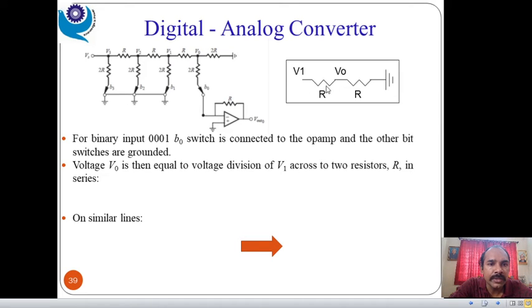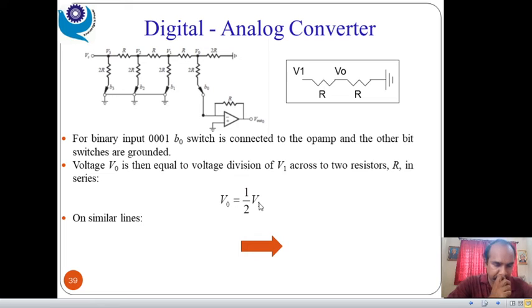V1 is the input voltage, V0 is the output voltage, and this point is grounded. By the potential divider rule, the voltage drop across R is given as V0 is equal to R upon R plus R multiplied by V1. So we get V0 is equal to half of V1.